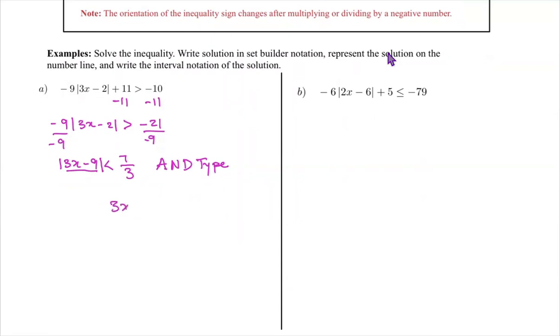So 3x minus 2 is less than 7 over 3, and then is greater than -7 over 3.